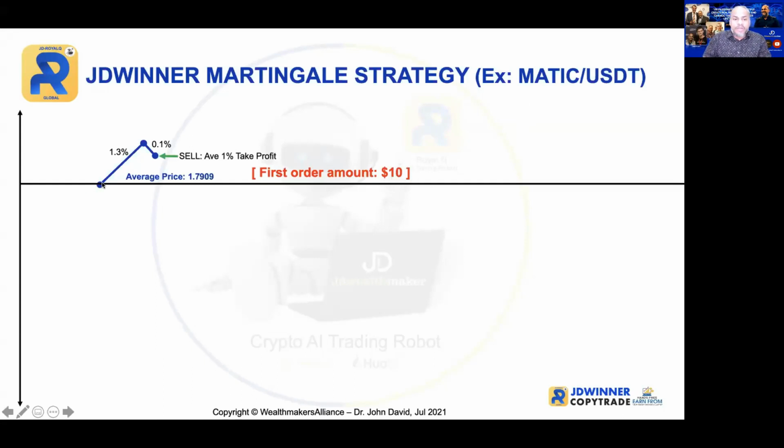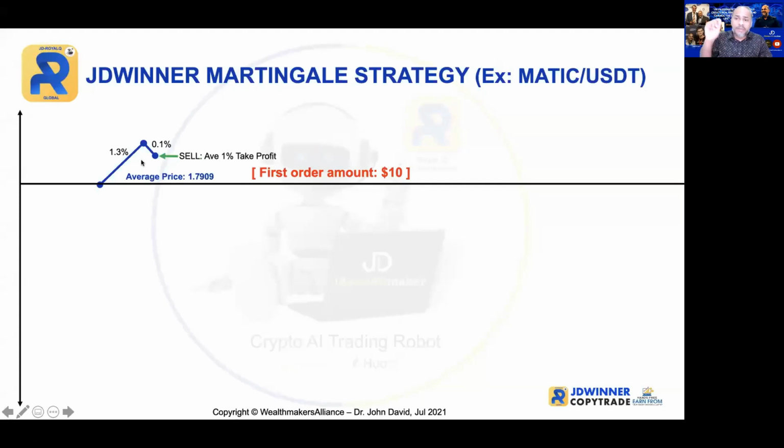When the trade is executed and it goes all the way to 1.3% and the callback profit at 0.1, it will sell at an average of 1%. Can you see the word average? I never say 1% or more than 1%. I say average, because there can be a slippage cost. So let's say it's about average 1%, and you will take the profit.